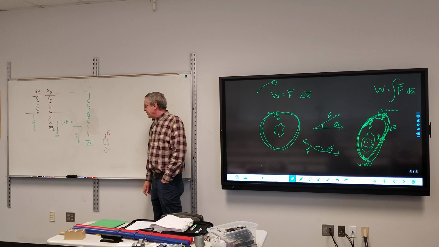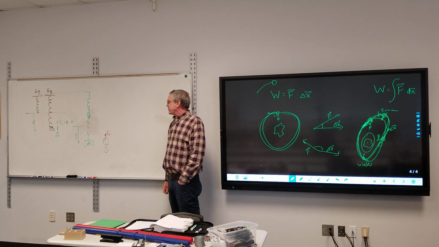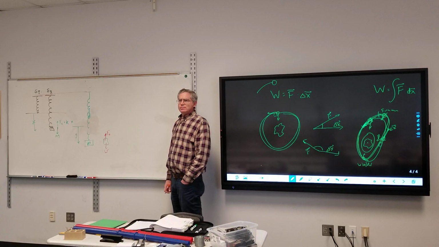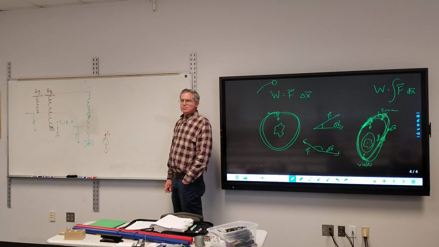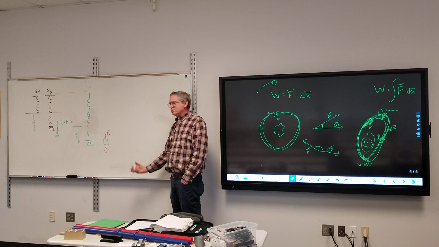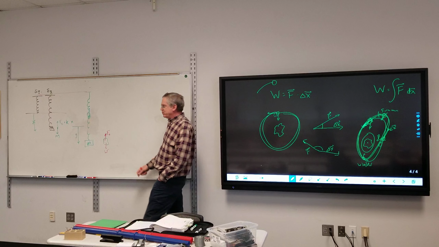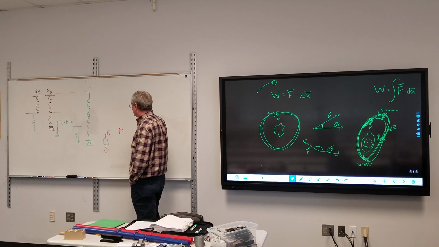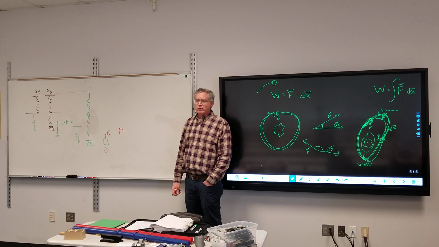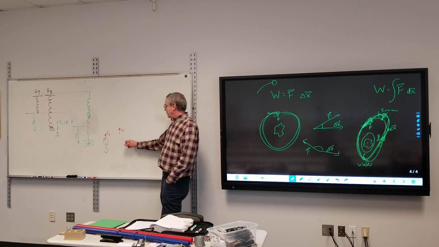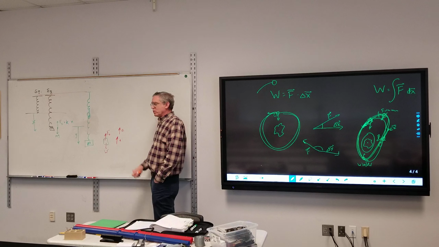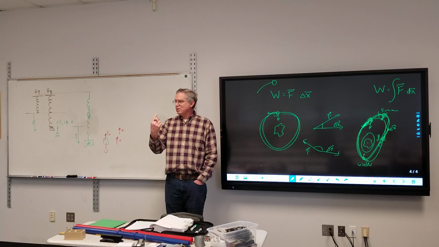Force diagram, let's see. In which direction will it accelerate? I've taken the mass, I pulled it down, I let go. It will accelerate upwards. Coordinate axes, what do you want to make the positive direction? One of those few times we were all here when Luis said up to be positive.